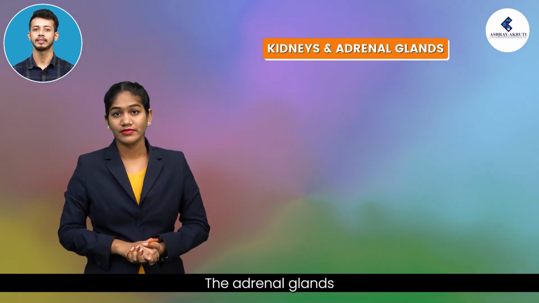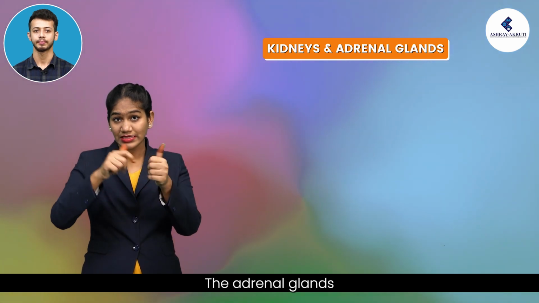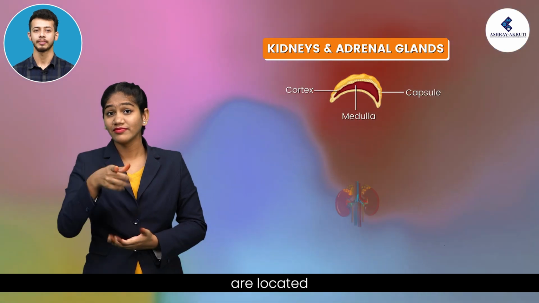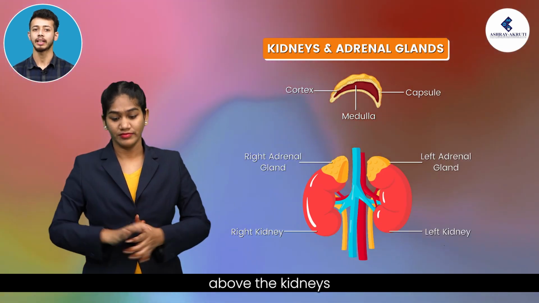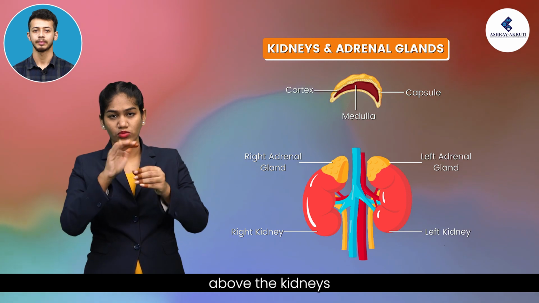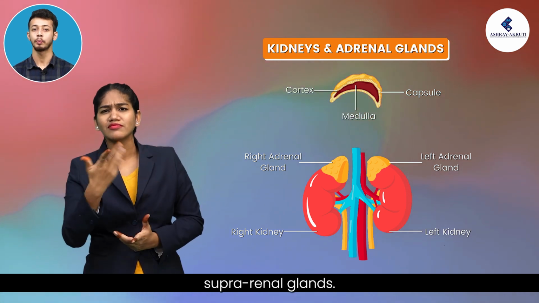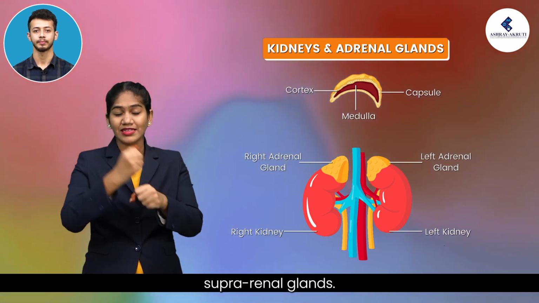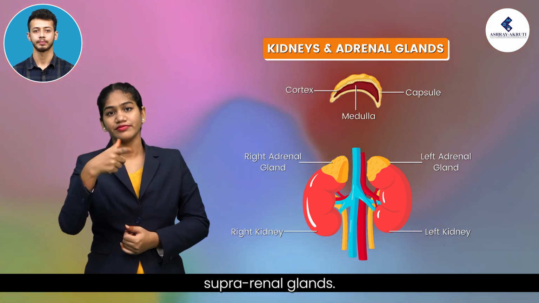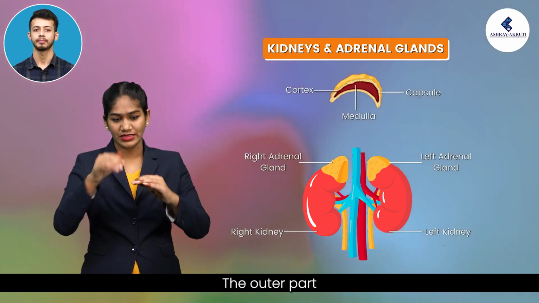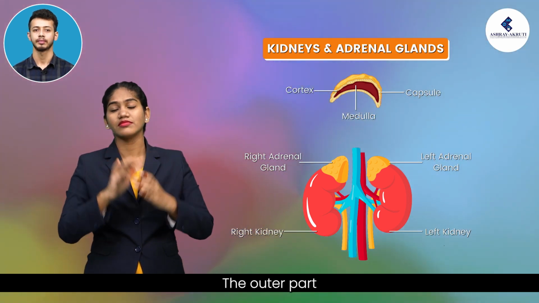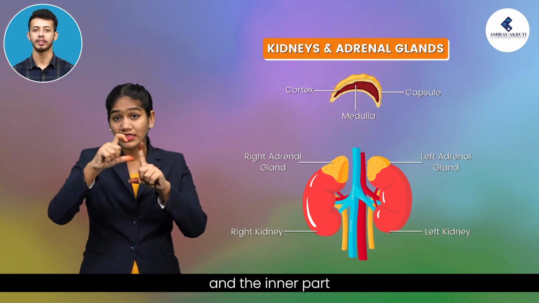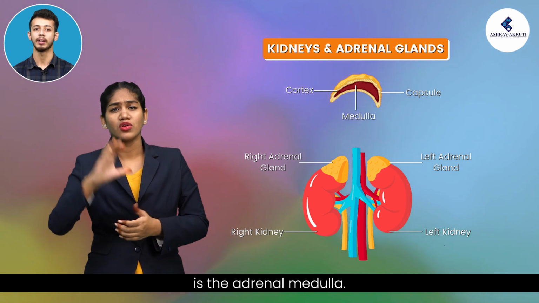The adrenal glands are located above the kidneys and are called suprarenal glands. The outer part is the adrenal cortex and the inner part is the adrenal medulla.